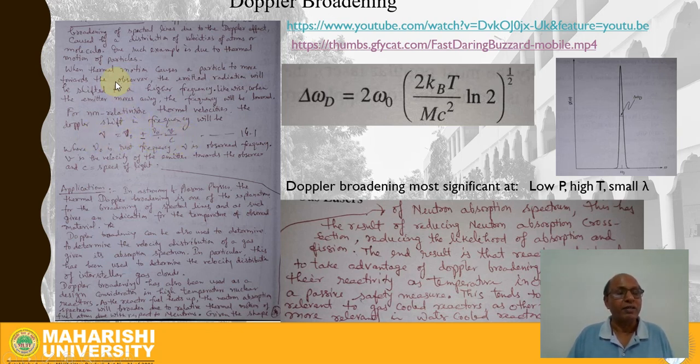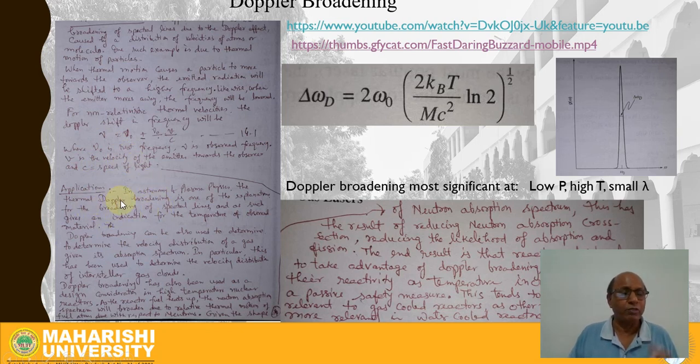So if the emitter is coming towards the observer, its frequency will increase, so it will be nu 0 plus, and if it is going away from the observer, it will be a reduction, which is nu 0 minus. So nu 0 is the frequency of the radiation, right? And nu will be the observed frequency.